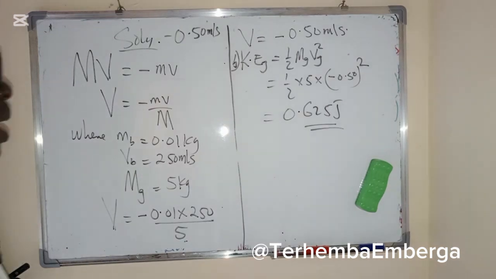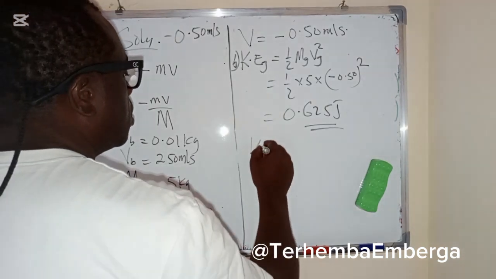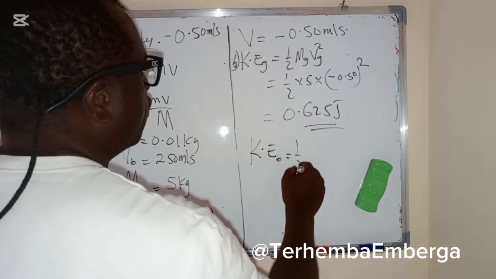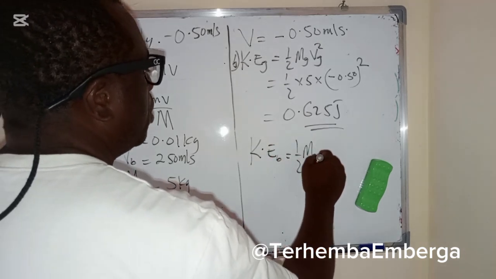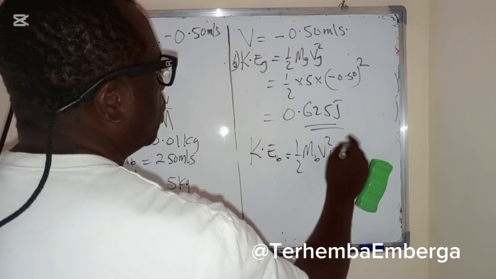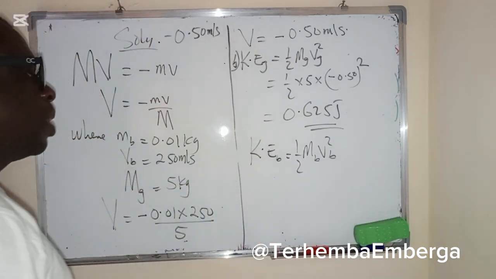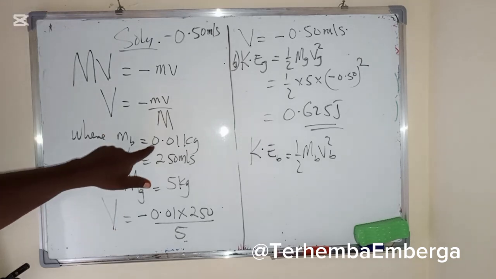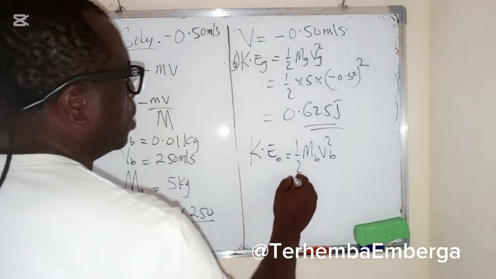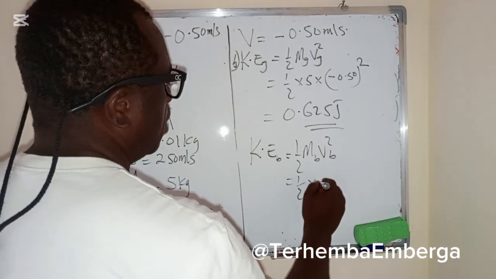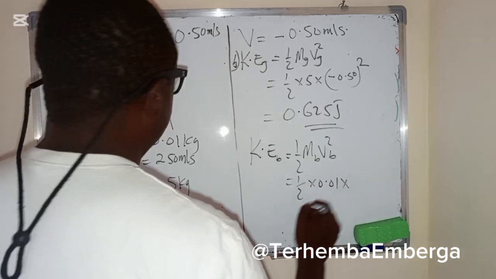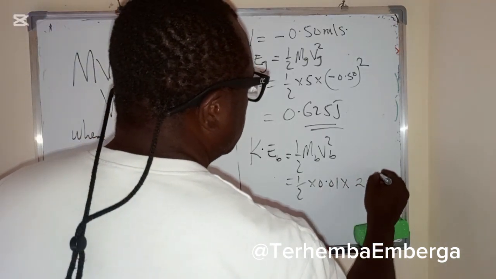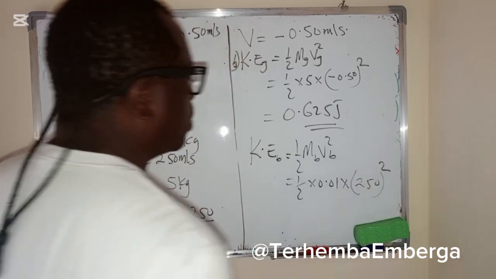So next we'll look at the kinetic energy of the bullets, which is half m v squared. So the mass of the bullets is given as 0.01, this is half, times 0.01 times the velocity of the bullet, 250, all squared.